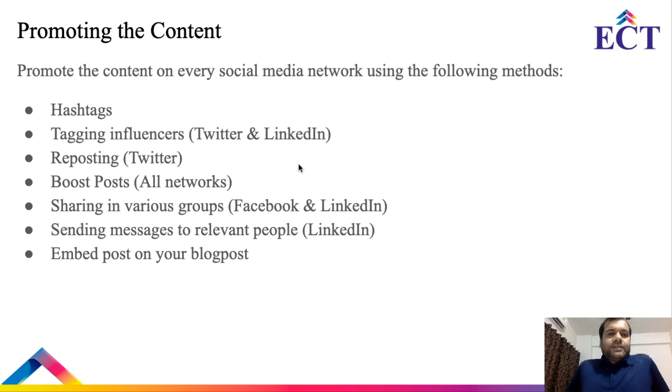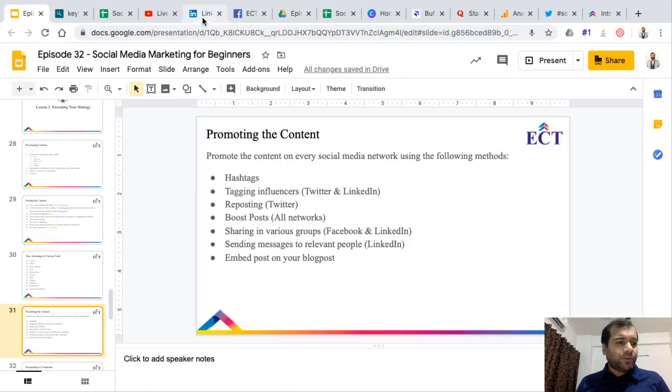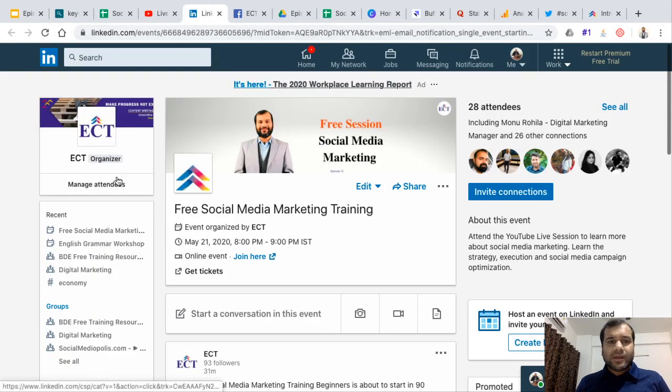Then once you post your content, the next step is promoting the content. And in terms of promoting, how to post an event? Okay, Jyotsna, it's quite simple. On LinkedIn or any platform, if you have a page, you should have a business page.